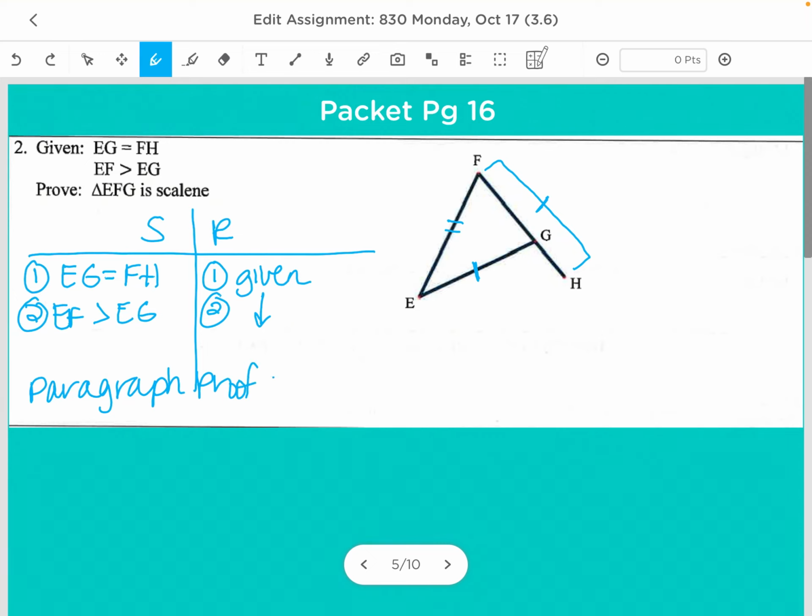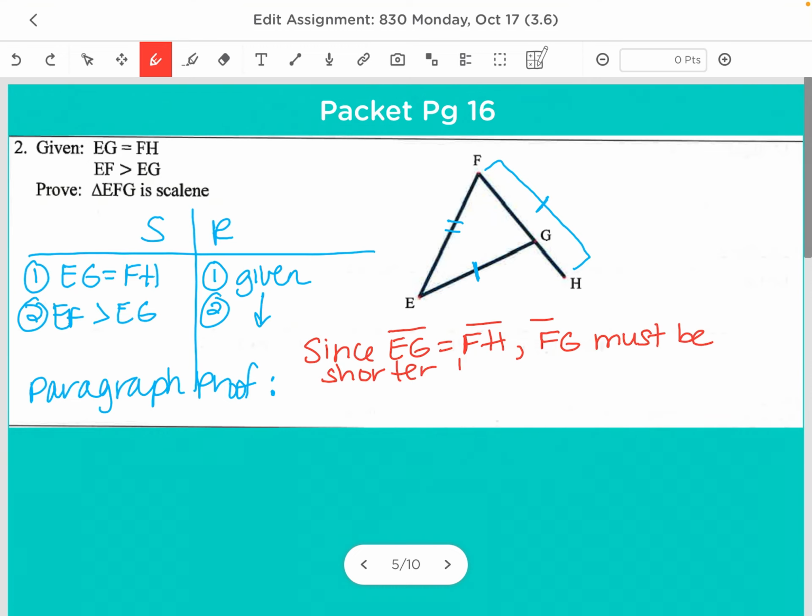Okay, so I could say something along the lines of, since EG is equal to FH, FG must be shorter than FH.